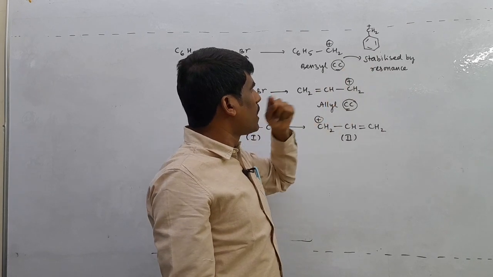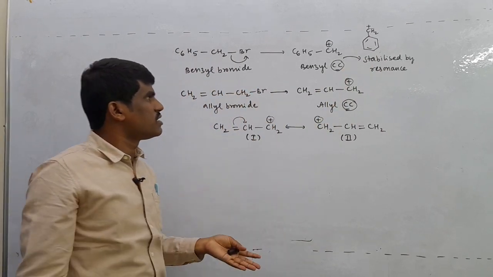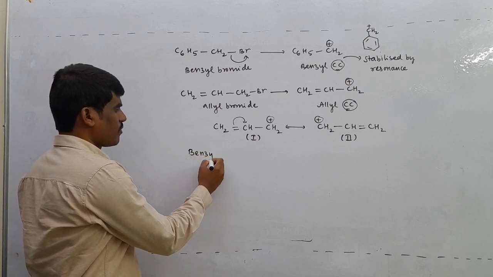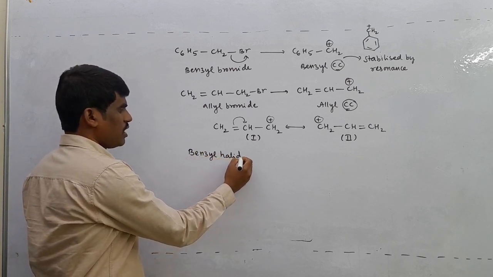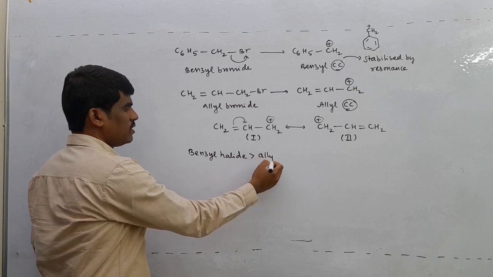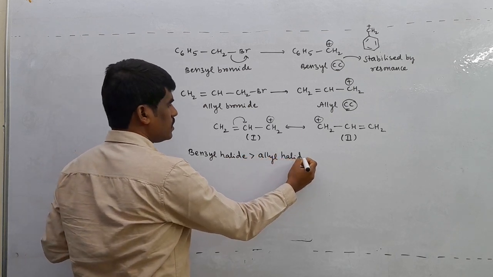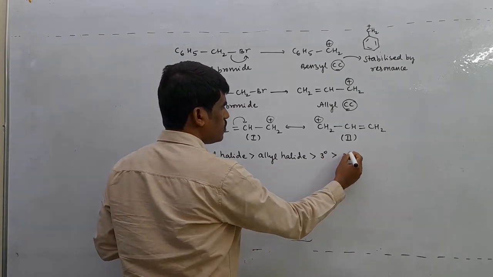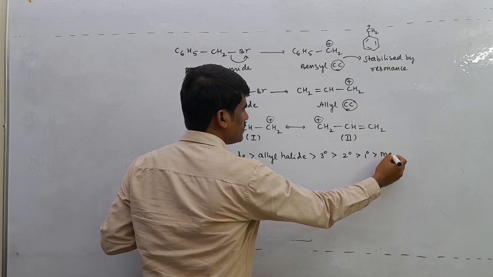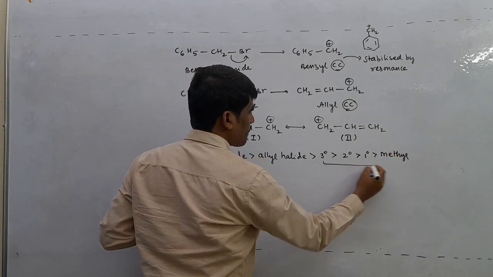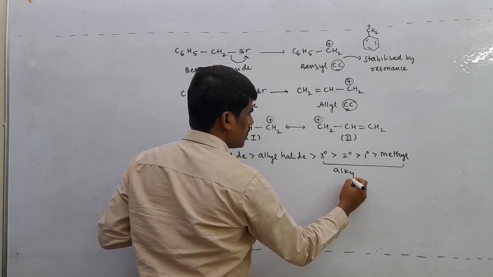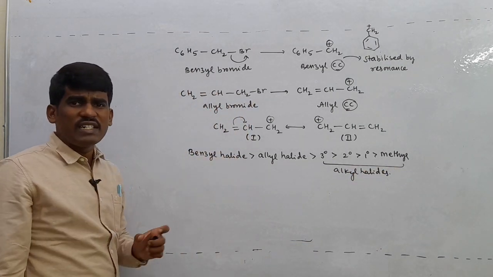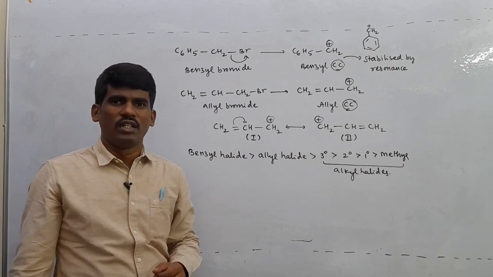So benzyl carbocation has more resonating structures, and hence I can say that benzyl halide is more reactive than allyl halide, and more reactive than 3 degree, 2 degree, 1 degree and methyl alkyl halides. The order of reactivity can be given like this.